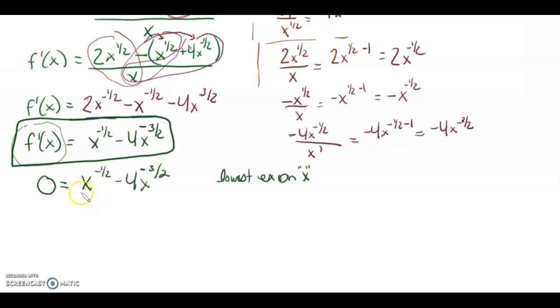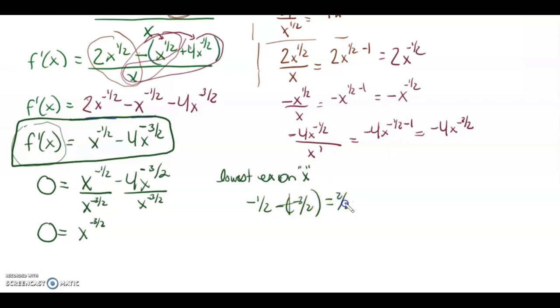So let's go ahead and divide both of these terms by x to the negative 3/2. And I get x to the negative 3/2. So I'm going to just deal with the exponents here. Negative 1/2 minus negative 3/2. So that's a plus. So 2/2, which is 1. Okay, so what's left in the first term is just x to the exponent 1. And then these two cancel and we have minus 4.